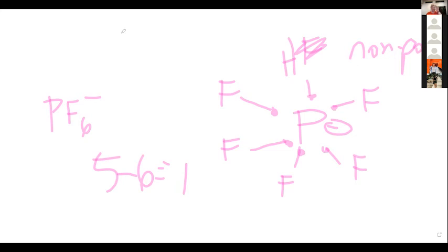Because they'll be pointing towards fluorine, but hydrogen would be kind of longer. So all of these dipoles will be pointing towards it, but this one will be pointing in the opposite direction. And that screws up the symmetry. And so now it's polar. So just swapping out one atom changes it from nonpolar to polar.